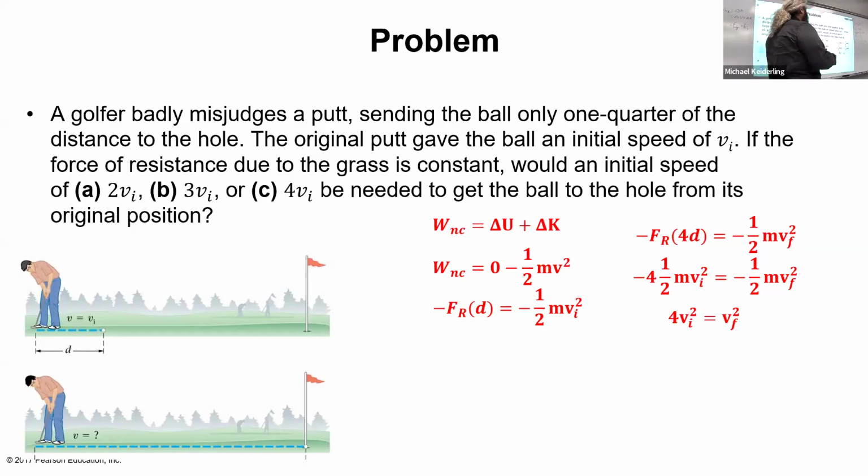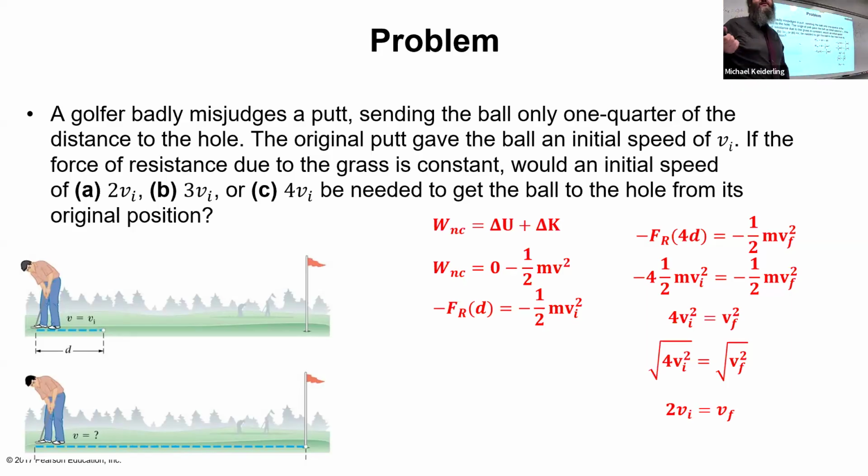So 4v initial squared equals v final squared. So if we take the square root of both sides, we get 2v initial equals v final. You need twice the speed, because twice the speed gives you 4 times the initial kinetic energy, which will give you 4 times the distance. So 2 times the initial.